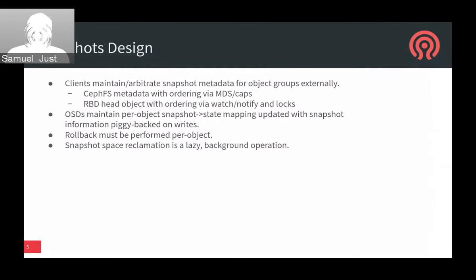At a really high level, clients maintain and arbitrate snapshot metadata for object groups externally. CephFS does so in its internal metadata with ordering via the MDS and capability system. And RBD maintains its snapshot information on the head object of each RBD block device with ordering via watch, notify, and locks.